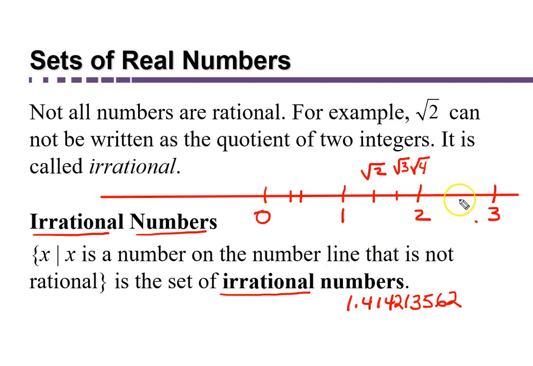Now, are there other irrational numbers? Yes, some of the famous ones would be pi at this stage. And then a little later in our lessons, we're going to have the letter e, which is a famous irrational number you may or may not know. But that's about here.